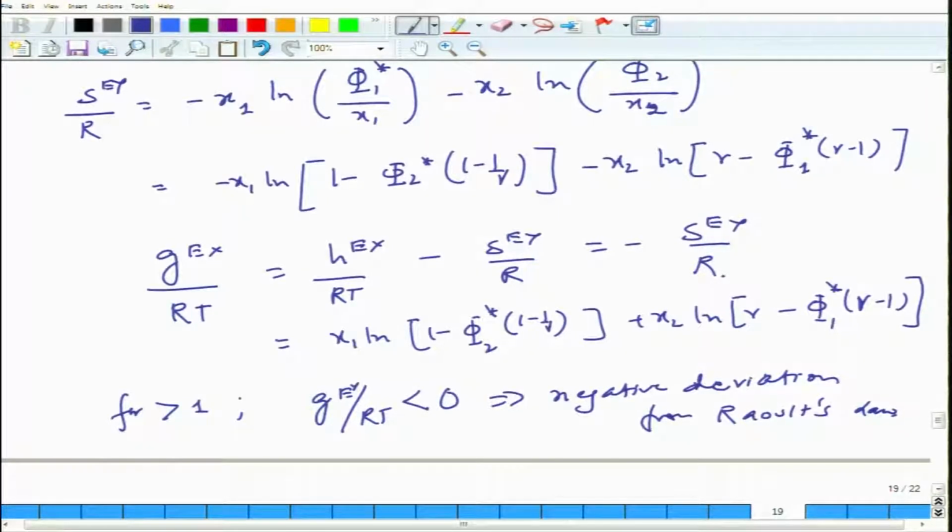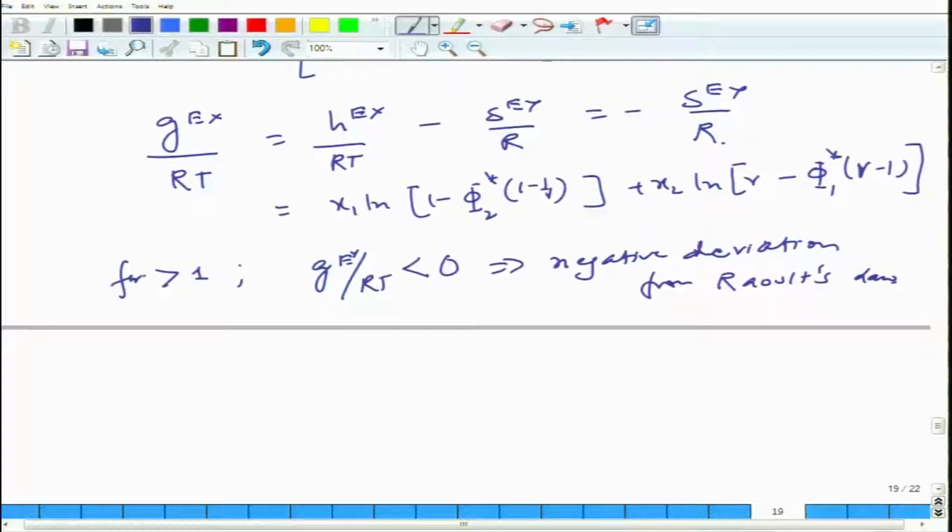So this is different from what the regular solution theory talks about. For the case of non-athermal or thermal solution, where your H excess is not equal to 0, you can add a Van Laar or Scatchard-Hildebrand term to G excess.